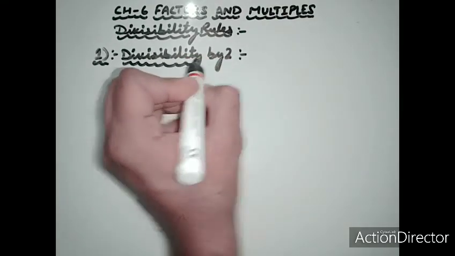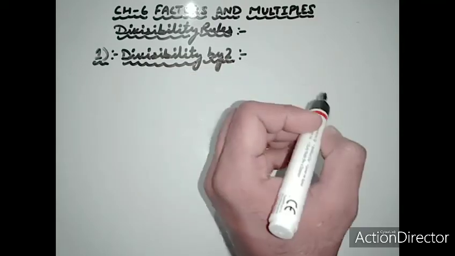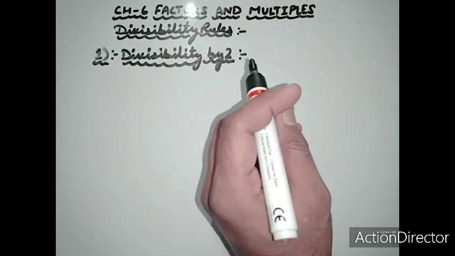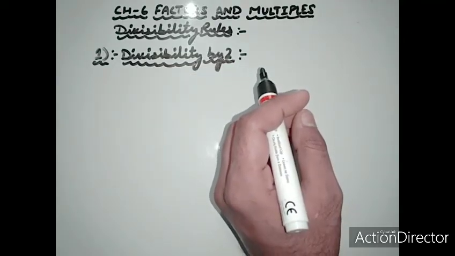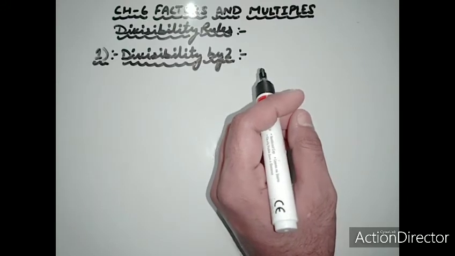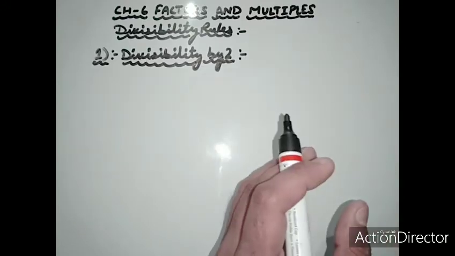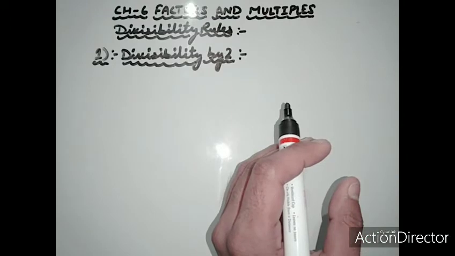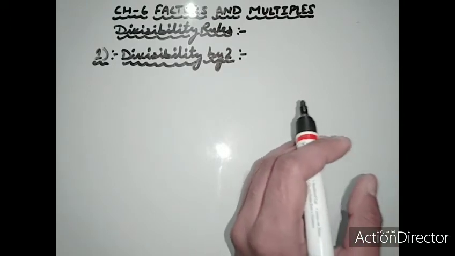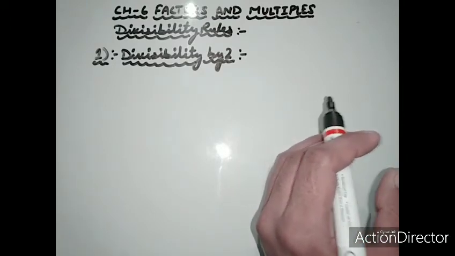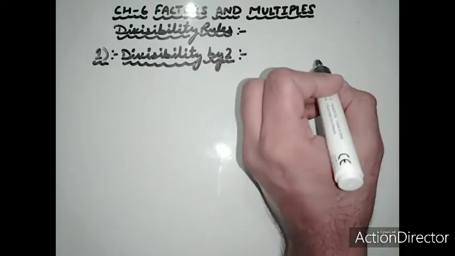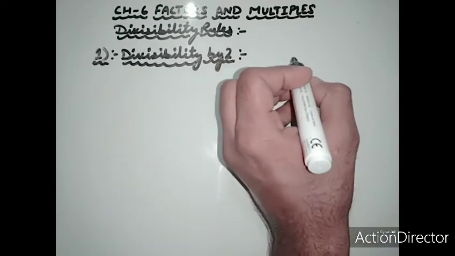The divisibility rule of 2 says that a number is divisible by 2 if its unit digit is divisible by 2, right? And in another way, if the number is even, that is, the one's digit is 0, 2, 4, 6 or 8, right?